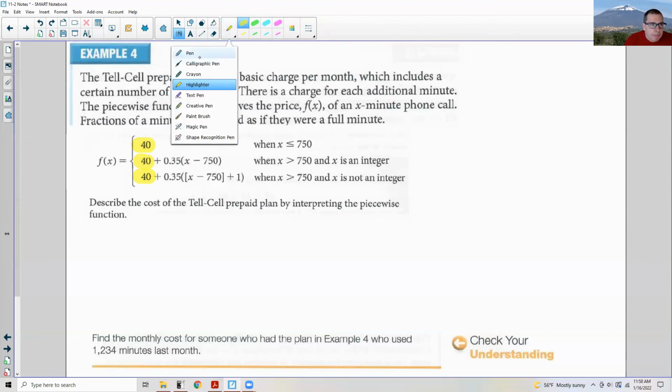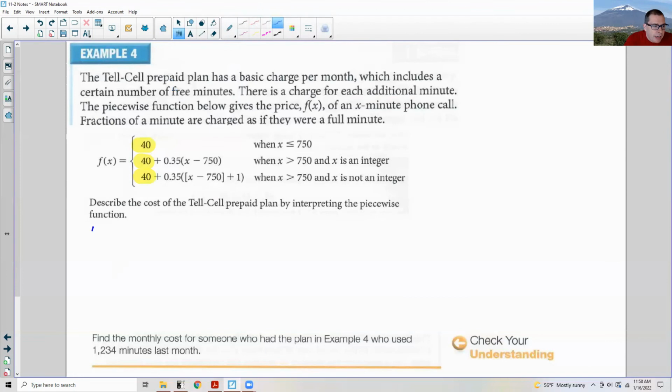So let's write that. Okay, there is a basic charge of $40 per month. Okay, that's what that tells us.